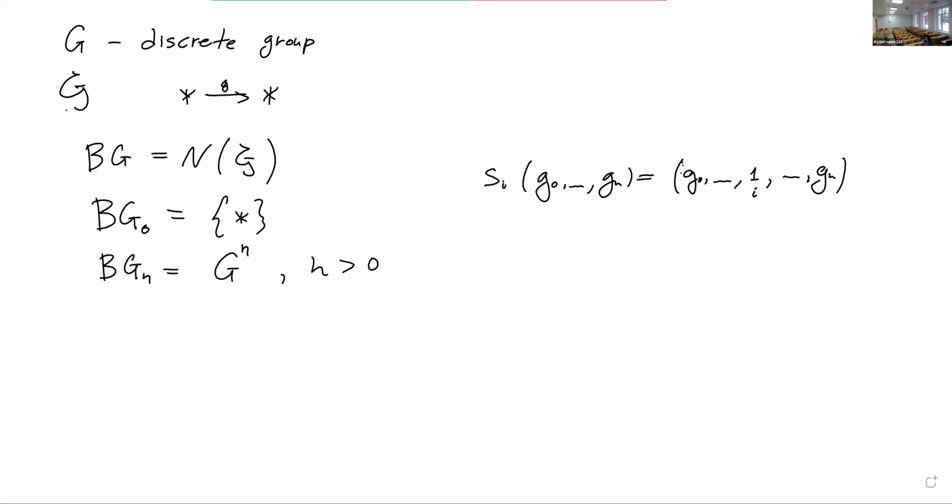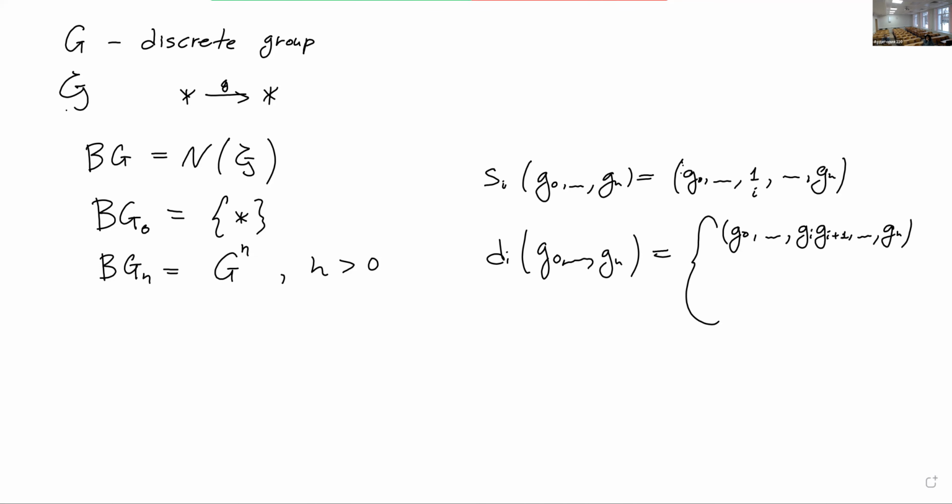And for the faces, it works like this, where I take the product, or just drop the first or the last element.